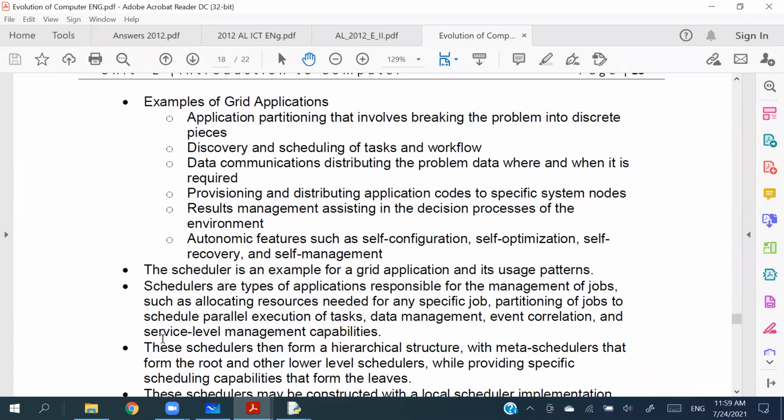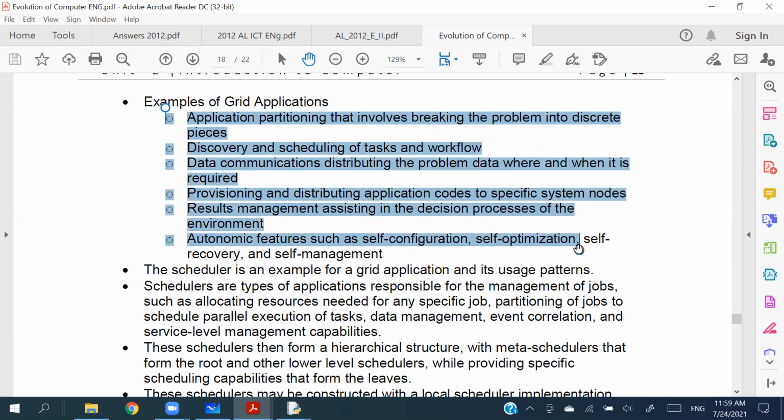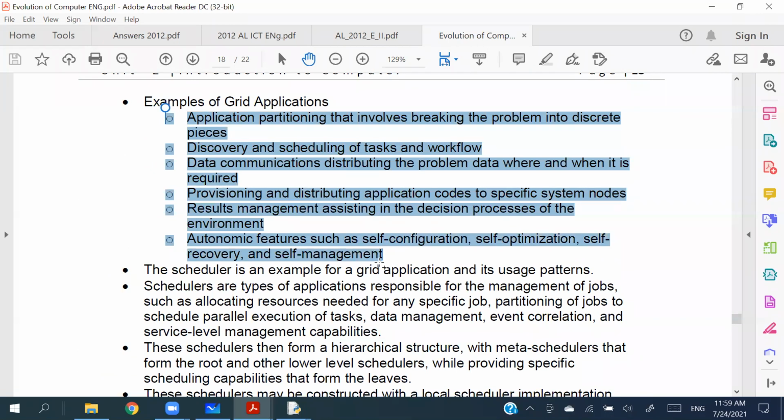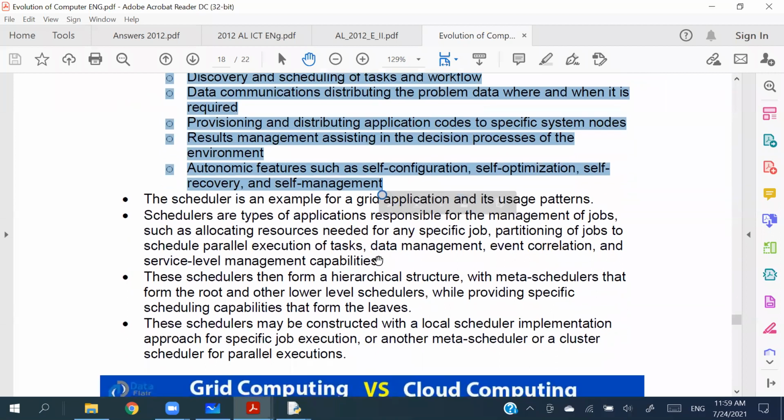Some examples are given here. Application partitioning, which involves breaking the problem into discrete pieces, right? Discovery and scheduling of tasks and workflows, right? Some advanced concepts. So just read through and remember some of those, because if we talk about these things it's going to be complex for you, so just remember them as points.